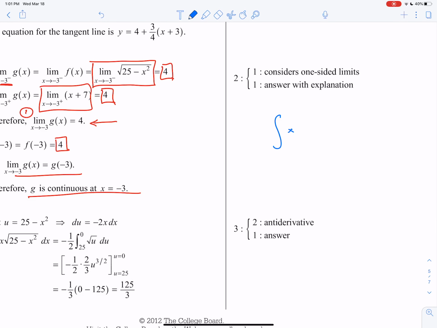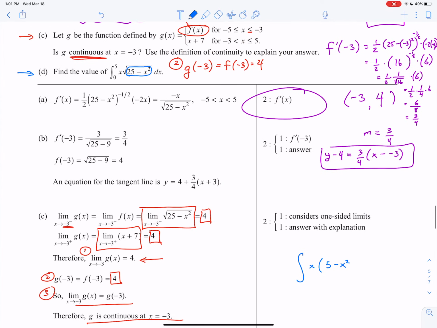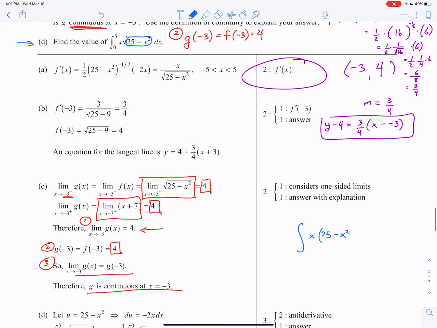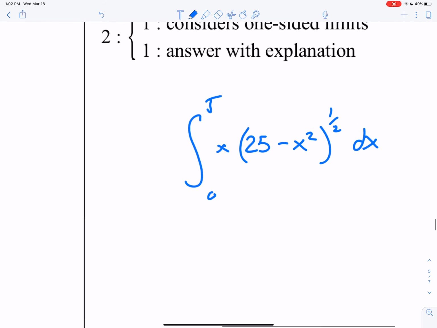The square root of x times 25 minus x squared to the 1/2 dx from 0 to 5. So right away, I know u has to be the inside function. So I'm going to let u equal 25 minus x squared. So du would be the derivative. I would just get negative 2x dx.